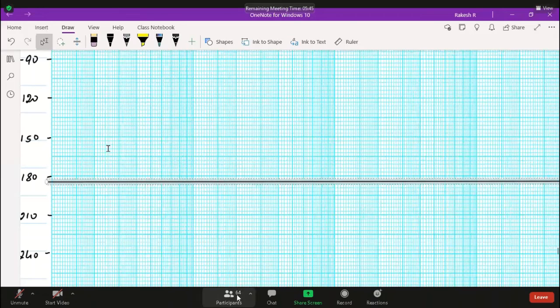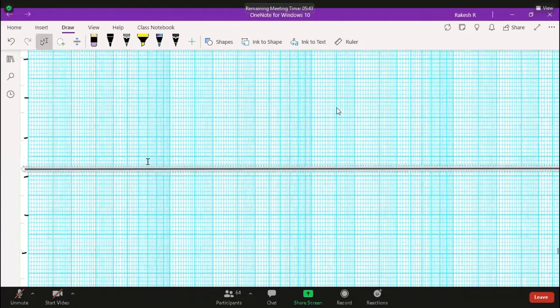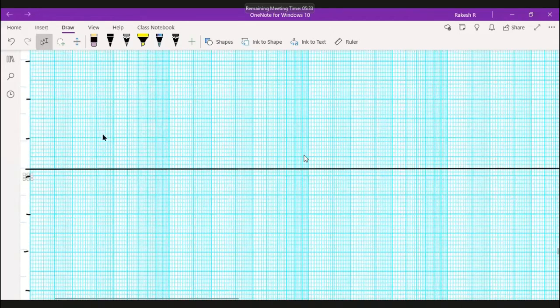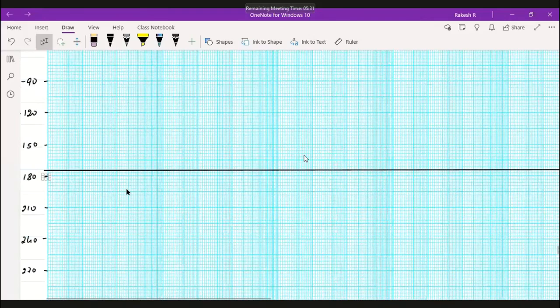See, I couldn't draw the 180 line correctly. It will be like this. You need to draw a straight line for 180 here. Mark this 180 line like this. I will not waste more time on this. Draw a straight line for 180.